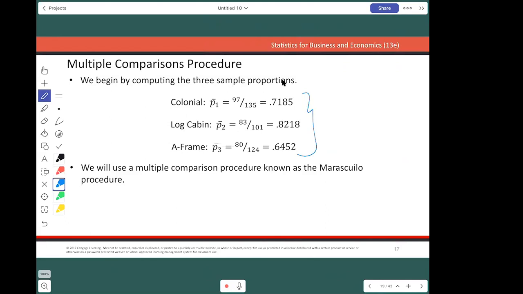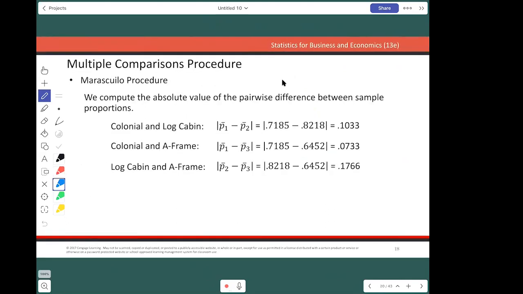Not based on the expected values, but the actual observed values. And then we compute the absolute difference between pairwise comparisons. Since we have three of them, we do 1 and 2, 1 and 3, 2 and 3.